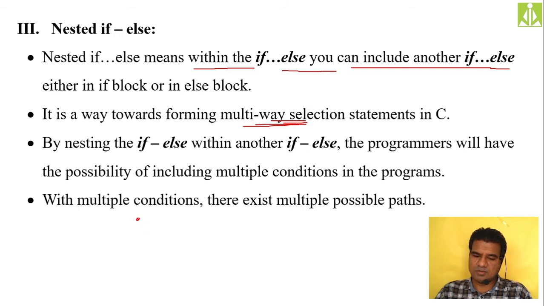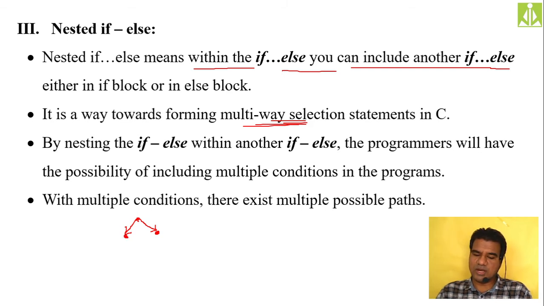See here, this is my decision making point, and if I am keeping a condition over here, I am going to have two possible paths. One when the condition is true, and when the condition is false. So if I nest another if else into an existing if else, then what will happen? I will get another possible decision making point.